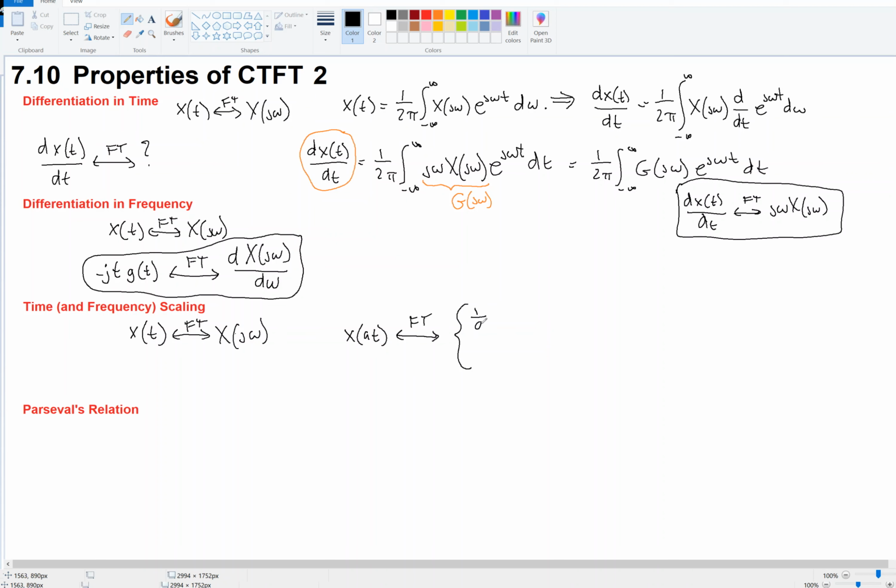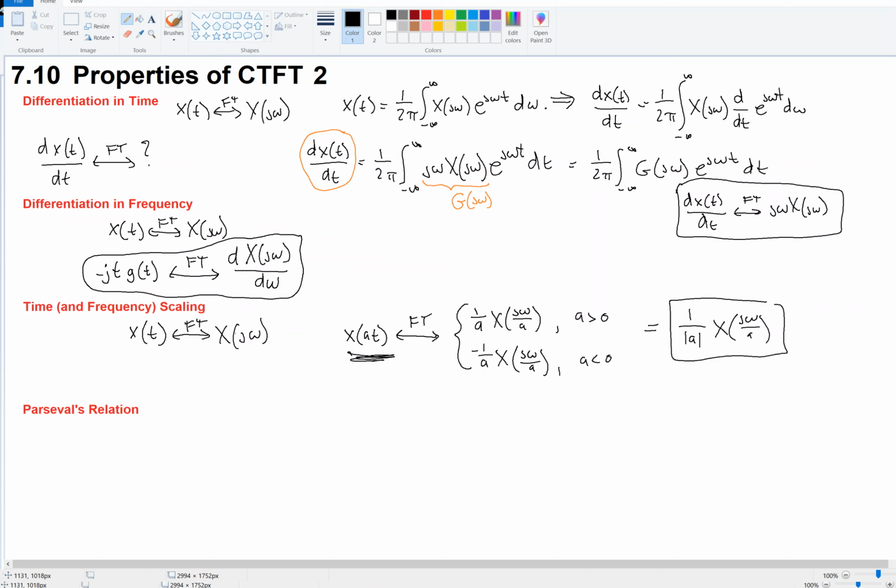It depends on the sign of that constant. It's this top one if a is greater than 0, and the bottom one if a is less than 0. If a is equal to 0, then this doesn't really make sense. We can combine this into one thing: 1 over the absolute value of a, X of j omega over a. That's the Fourier transform of this guy.